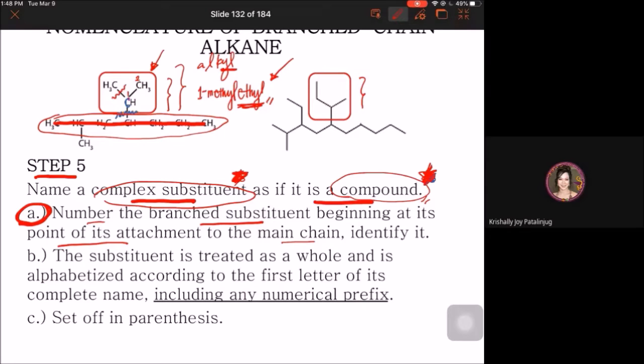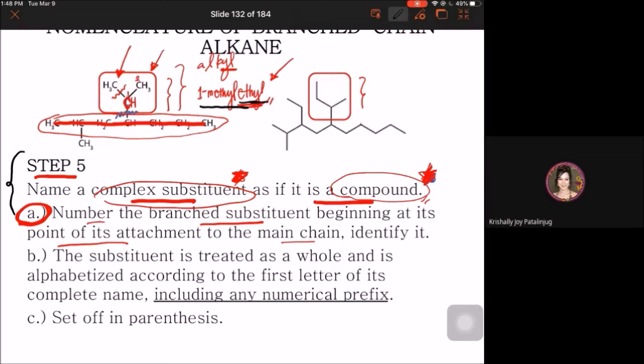Meaning, at its carbon 1 in the complex substituent, there is a sub-branch in the form of methyl, because that is CH3. So when you name that substituent based on step 5, that would be 1-methyl ethyl.